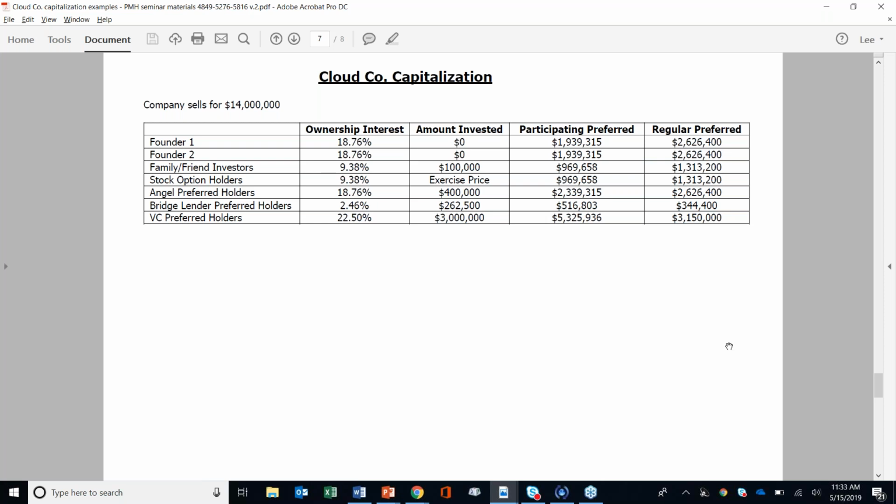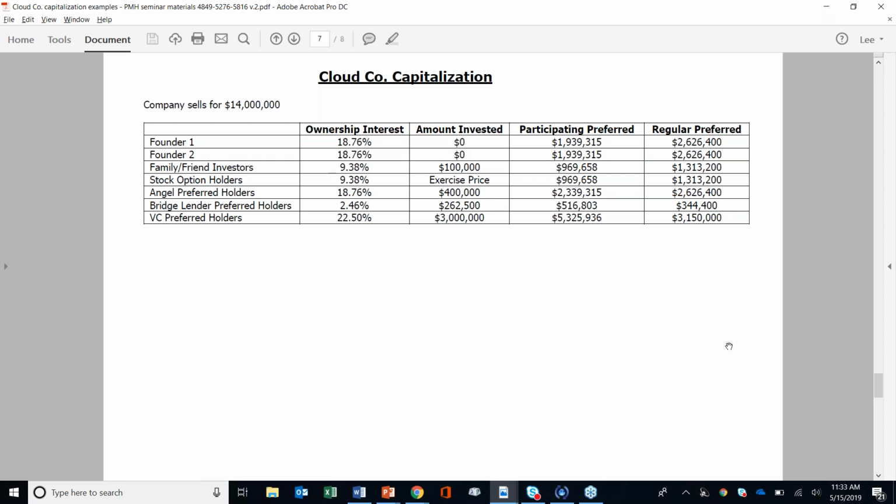You can see here where the family friend investors did very well with a regular preferred. They got a 13x return on their investment. So investing early and getting a higher percentage of the company and taking common rather than preferred worked very well for them. Tacking on another $100,000 to get their money back and participate is not all that meaningful.